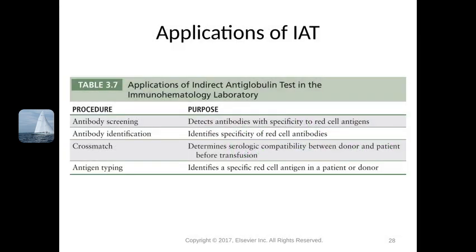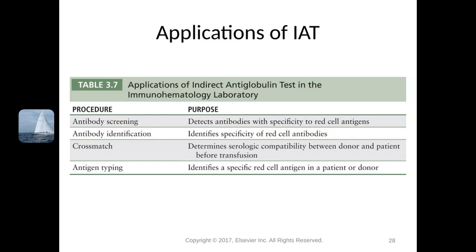We talked about the antibody screen, where it looks for antibodies to red cell antigens. The antibody identification will specify the red cell antibodies. The crossmatch will determine compatibility between our donor and our patient. And then we have this one last test that we didn't talk about yet, which is antigen typing. With antigen typing, we're looking for a specific red cell antigen in a patient or donor. We will antigen type a patient if we suspect that they have a certain antibody.